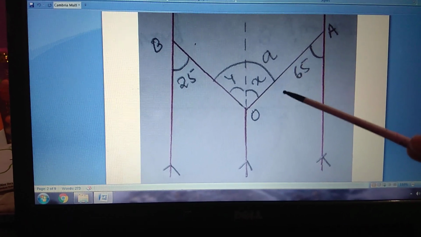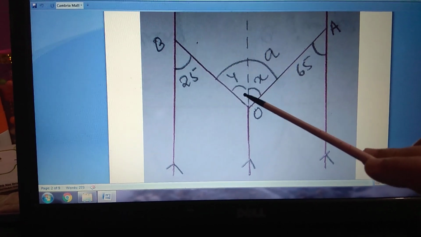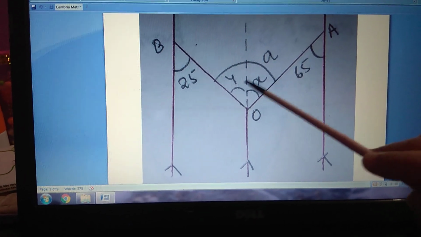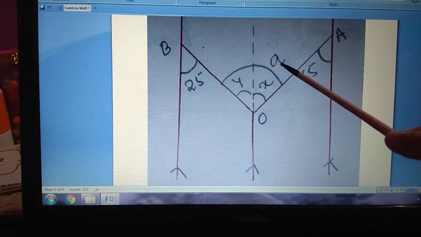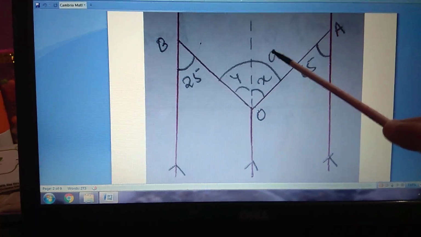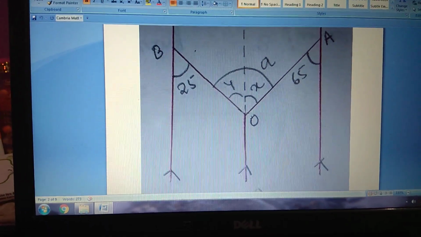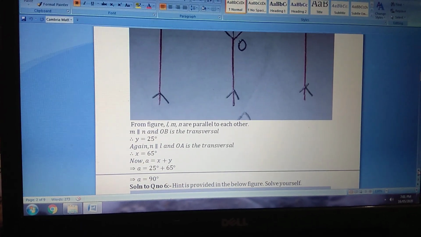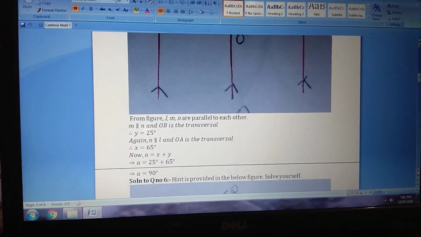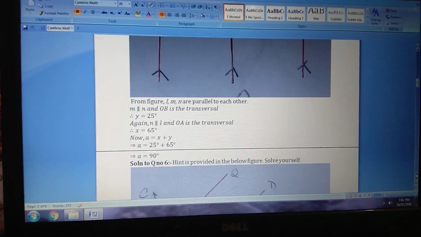In this way, we get the values of X and Y. Then we can find the value of A very easily, because A is the sum of X and Y. I have explained orally, and below the problem is solved for you. Just have a look at it. It will be very easy for you to solve.